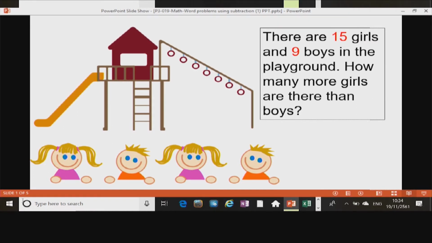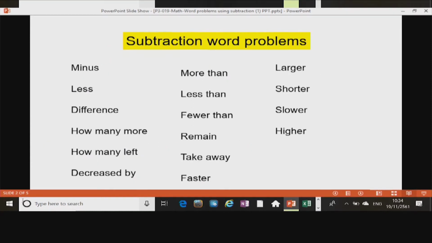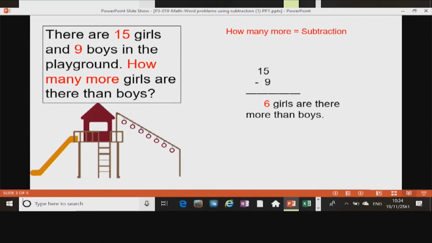And we'll see here the working out. See, 15 minus 9 equals 6. So there are 6 more girls than boys.